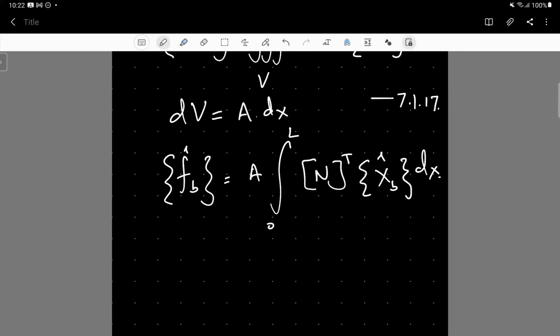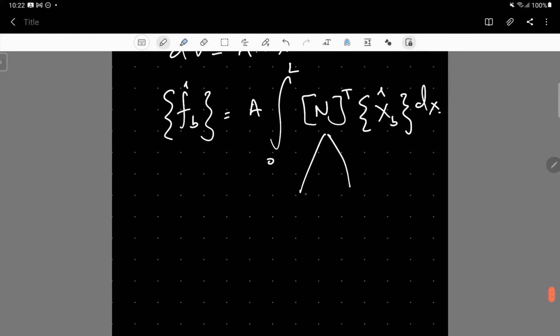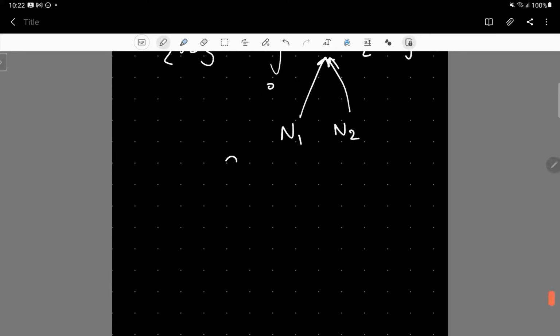Since we already know N1 and N2, which enter inside the shape function, we have already obtained a relationship with this, and we already know the relationship between dx and ds is given by L by 2.